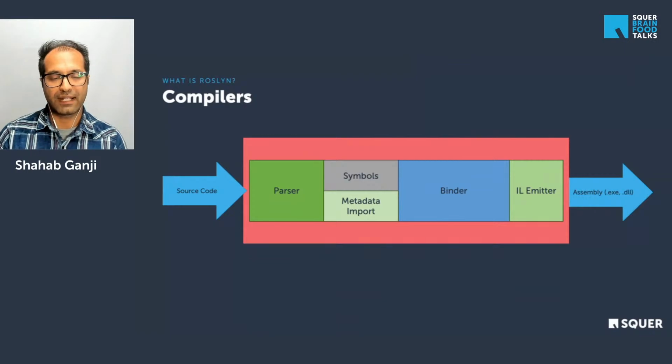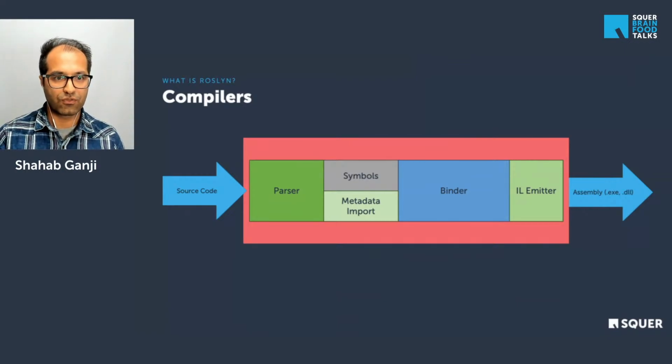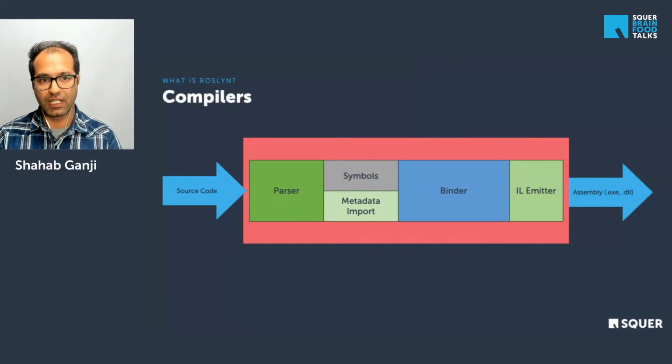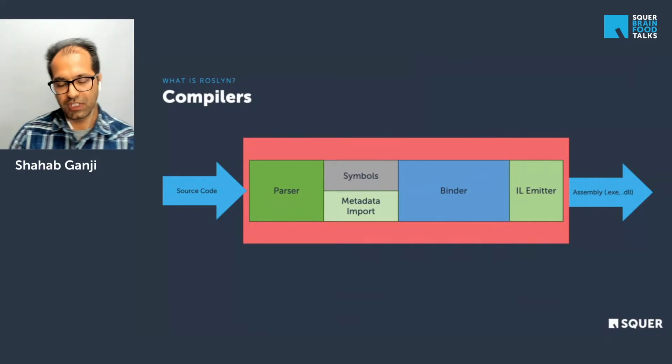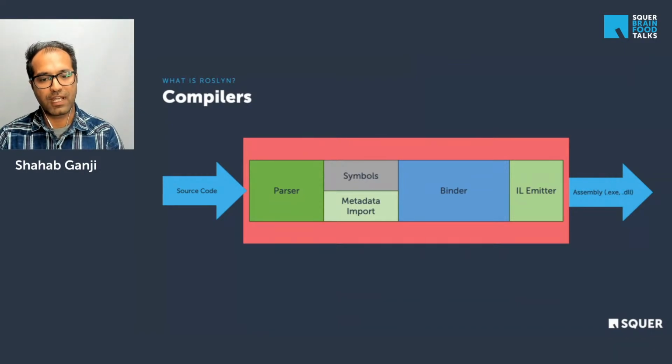Each of these acts as a separate component. We have the parser, which is responsible for tokenizing and parsing the source text into a syntax tree that follows the grammar of your language, in this case C# in our example, or any other language. That's the parser's responsibility. Then we had the declaration phase.